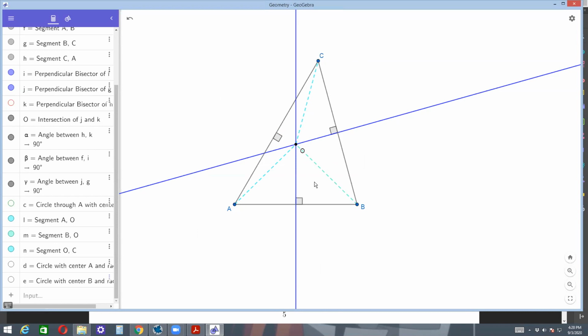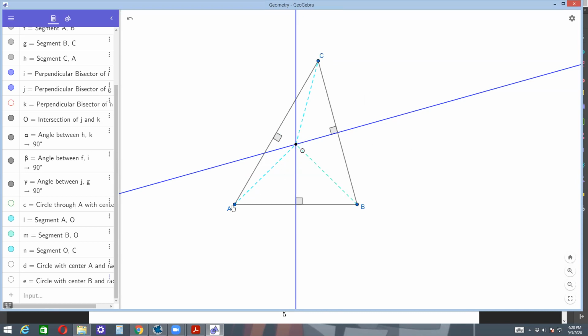Remember, as I mentioned, from the circumcenter you can draw a circle passing through the 3 vertices. So if there's a circle passing through these 3 vertices and O is the center, then AO, BO, and CO should be radii, so they should be equal in length.